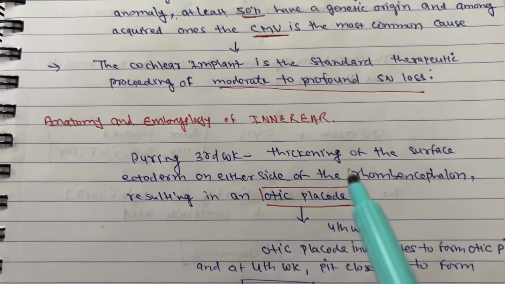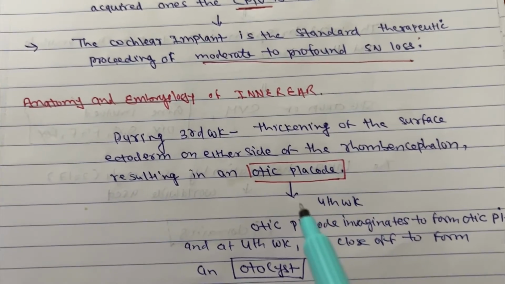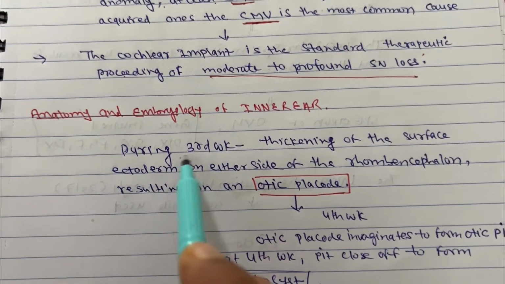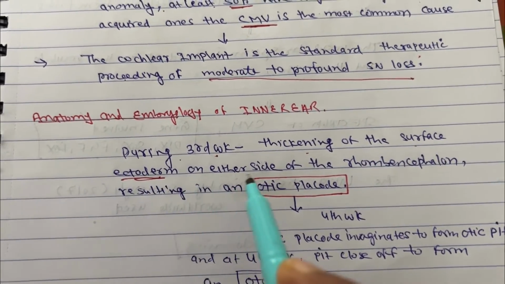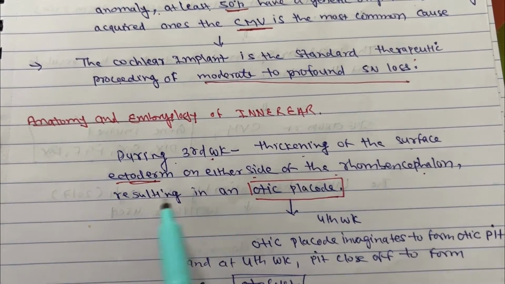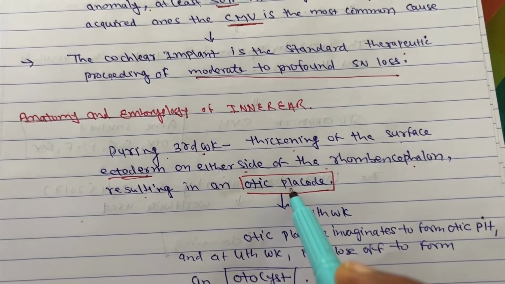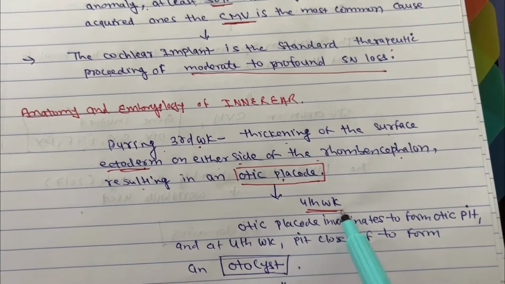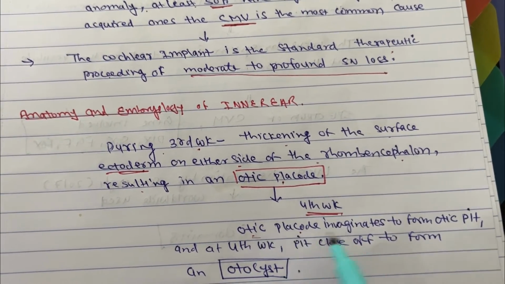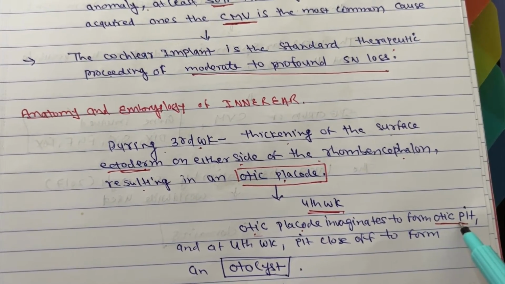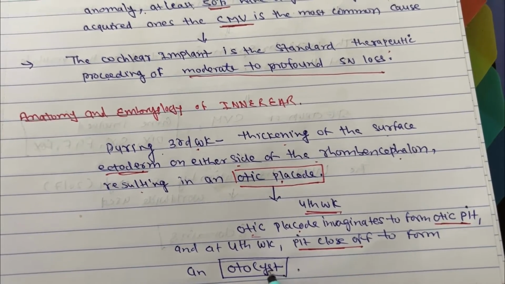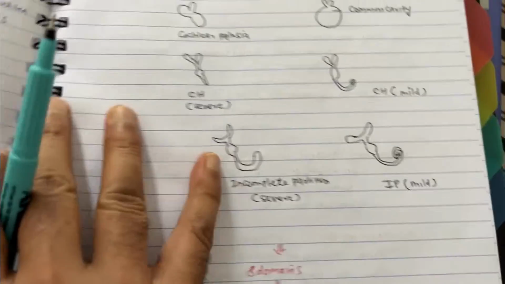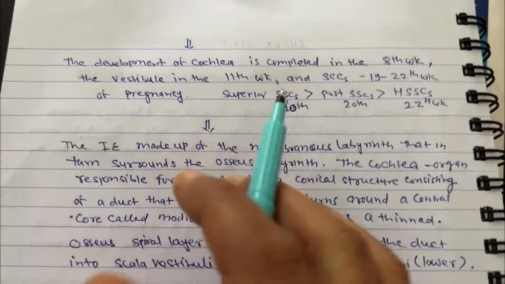Now let's talk about the anatomy and embryology of the inner ear. During the third week, thickening of the surface ectoderm on either side of the rhombencephalon leads to otic placode formation. By the fourth week, the otic placode develops a pit called the otic pit, which closes off at the fourth week and forms the otocyst.